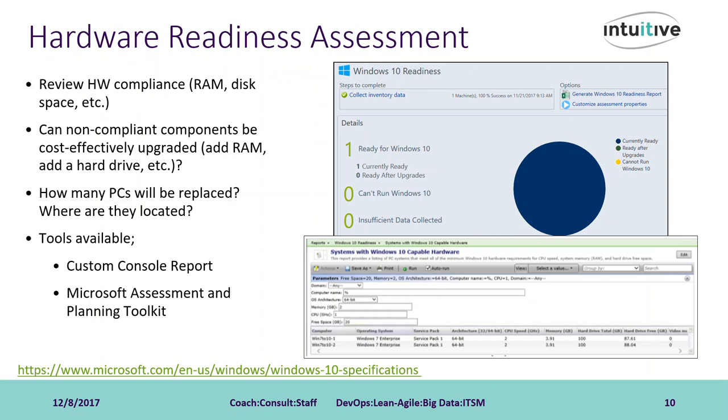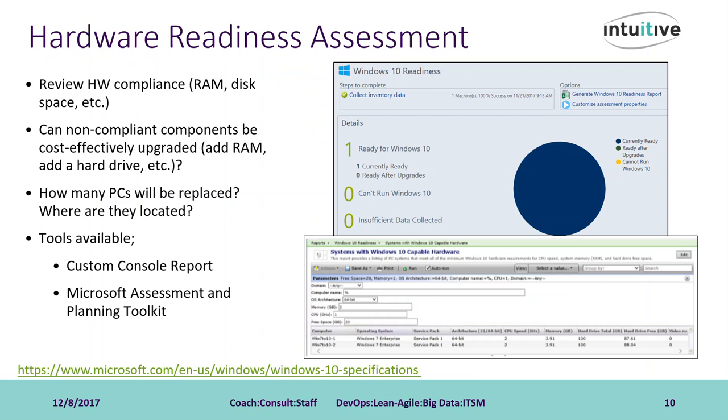The two main tools which our team has been using are a custom console report, which is imported into the Symantec management console. This report will list out the computers in the environment, detailing the operating system, the service pack level, as well as all the necessary hardware metrics needed to judge whether or not to upgrade or replace it as part of the Windows 10 project.